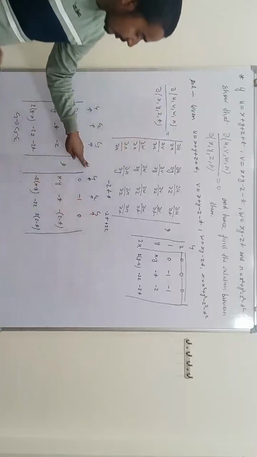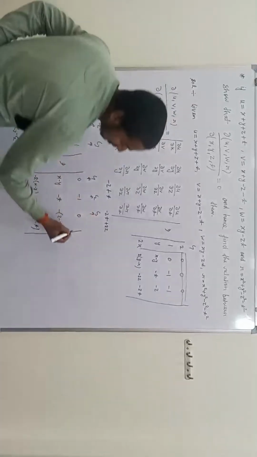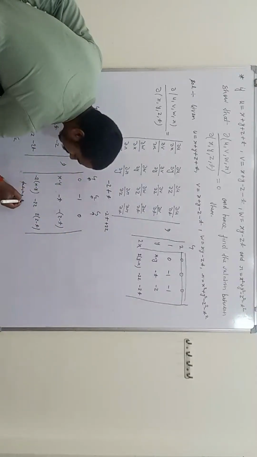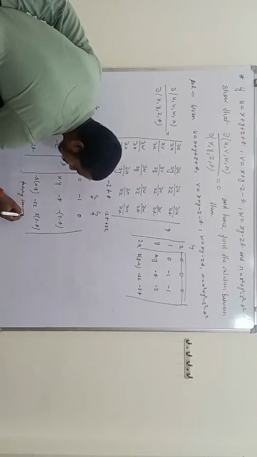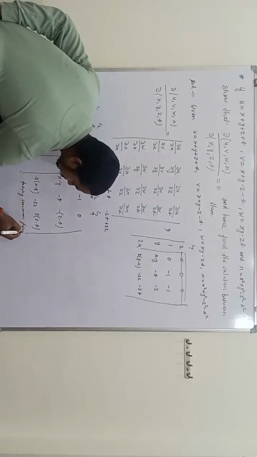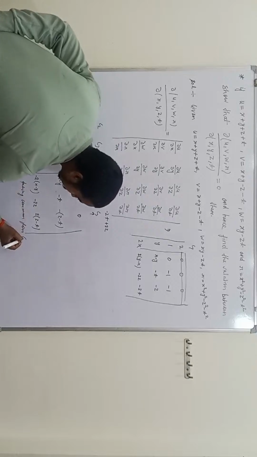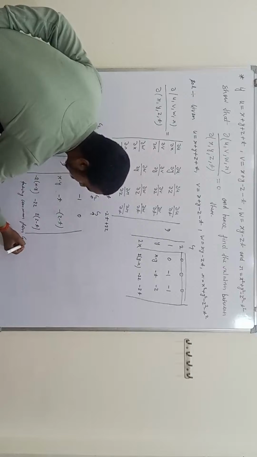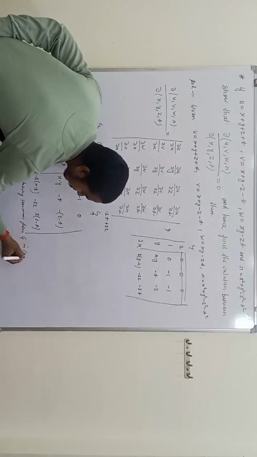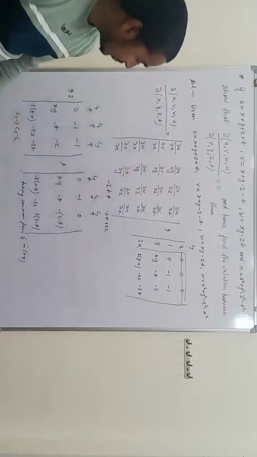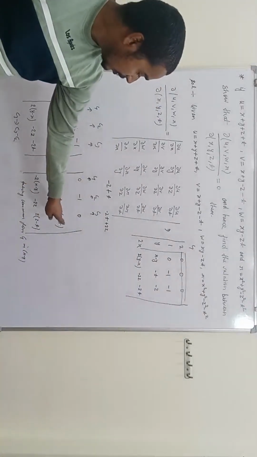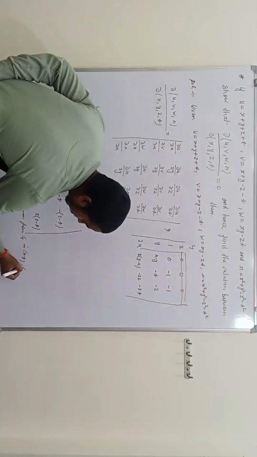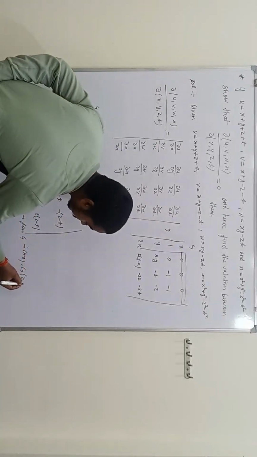We have to take common from C1 x minus of y, and from C3 we have to take a common z minus of t.